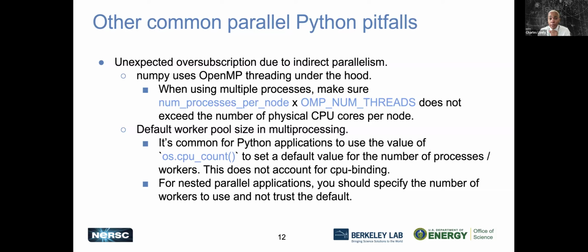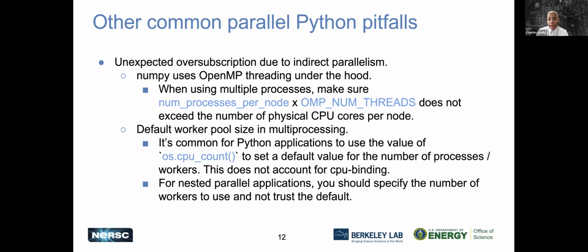Some other common parallel Python pitfalls are making sure that you specify and understand if you're going to be using MPI or OpenMP threads, specifying the number of processes and threads that you need to use, and making sure it doesn't exceed the physical CPU cores that you need as well.